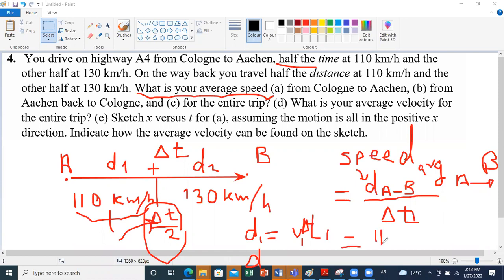You can keep kilometer per hour, so the unit of velocity will be kilometer per hour, the unit of time will be hour, and the unit of distance will be kilometer. So it's 110 delta t1. What is delta t1? Delta t1 is delta t over 2. So I can express d1 as a function of delta t.